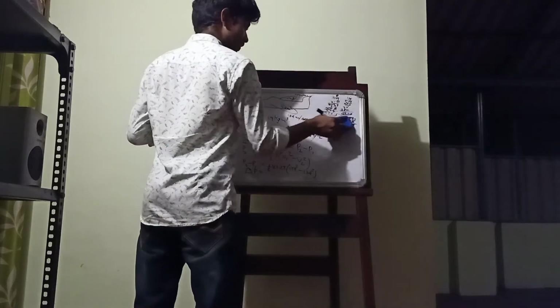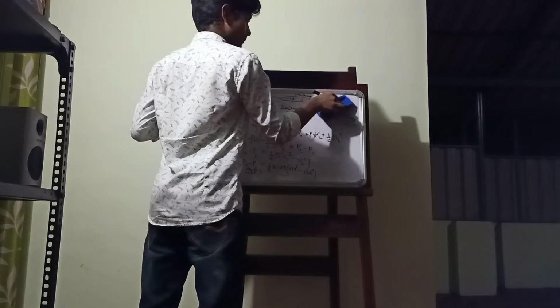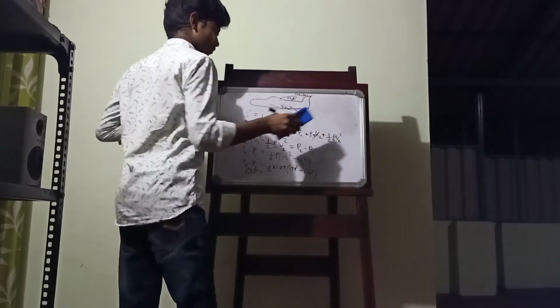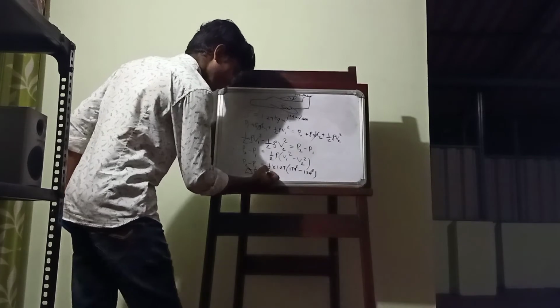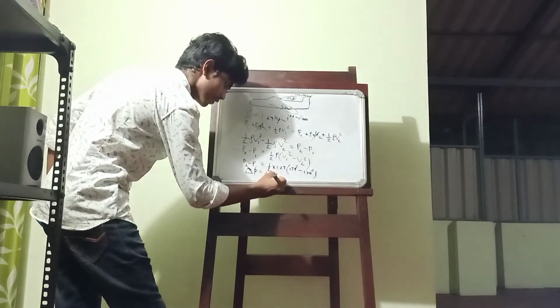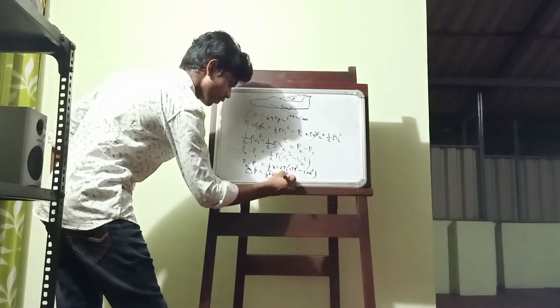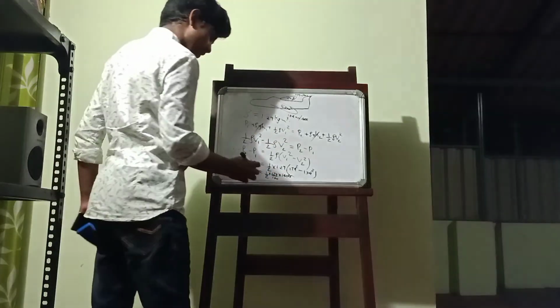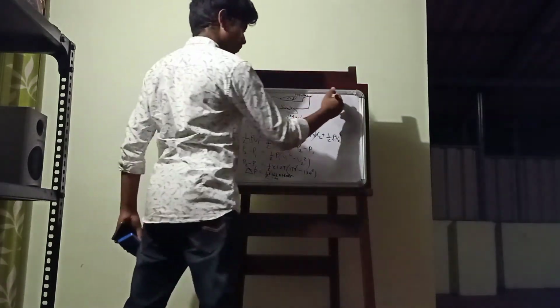Now I got it as 14085. So half into 129 by 100 into 14085. And now let's multiply.